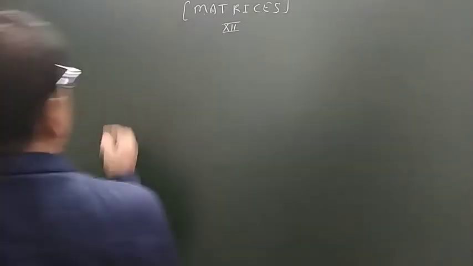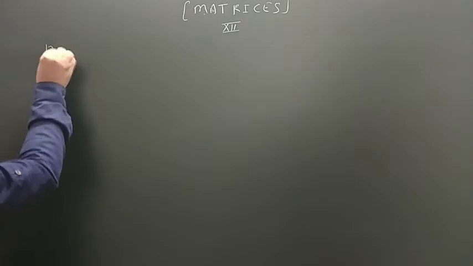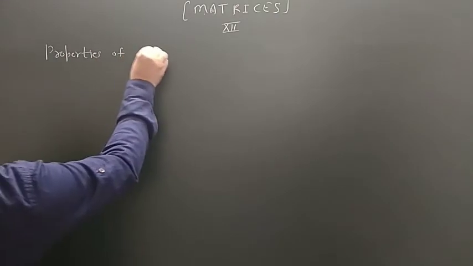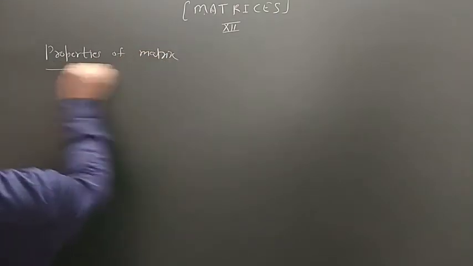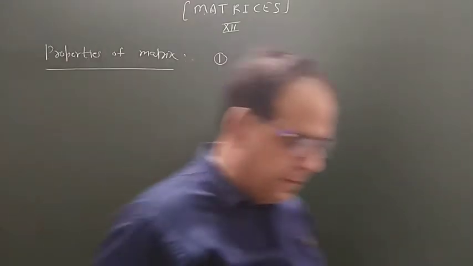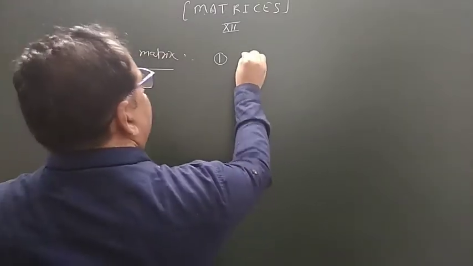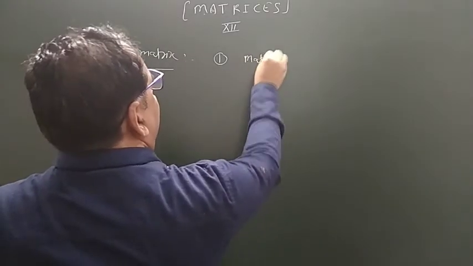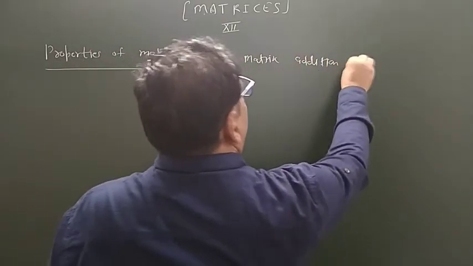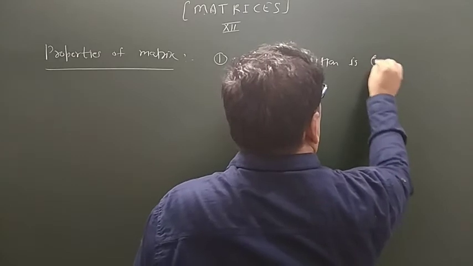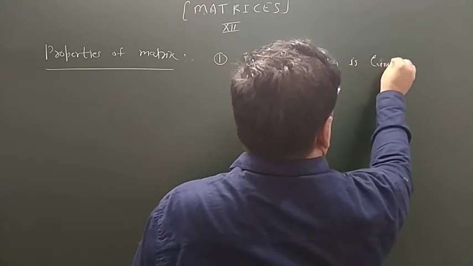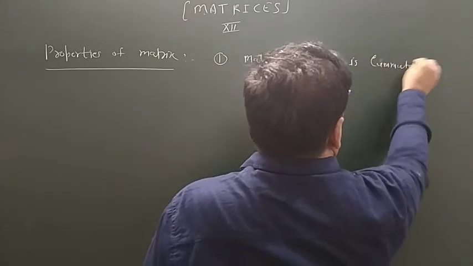Now we are starting the properties of matrix addition. First, matrix addition is commutative.